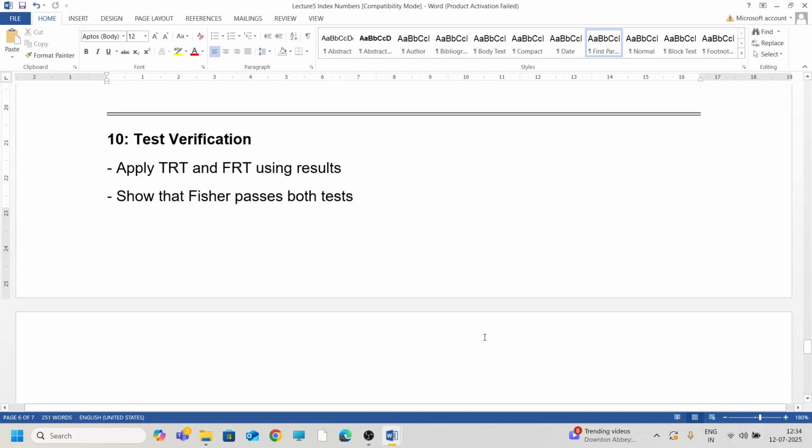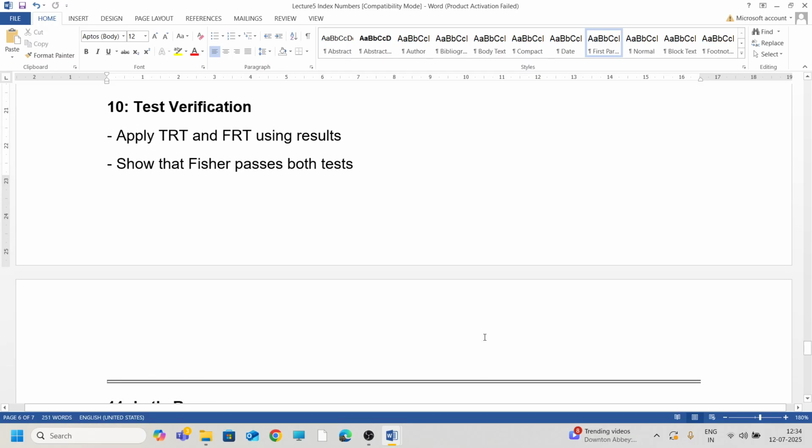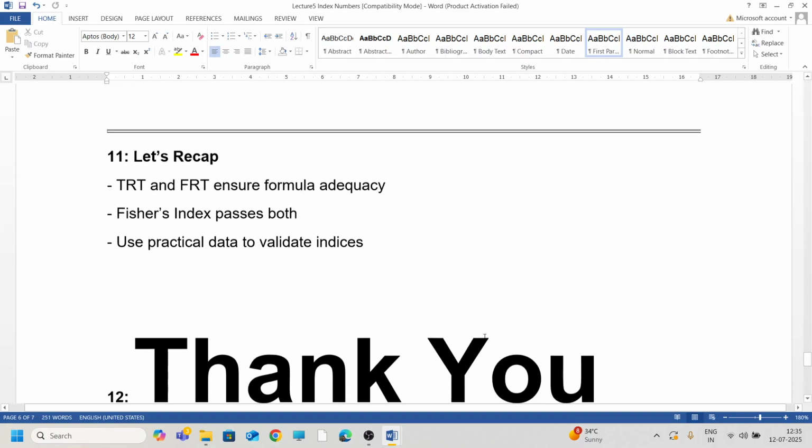The test verification: apply TRT and FRT using the results to show that Fisher passes both tests. Now we verify the time and factor reversal tests using the values we calculated. As expected, Fisher's index satisfies both, confirming its robustness. Right? So let's recap.